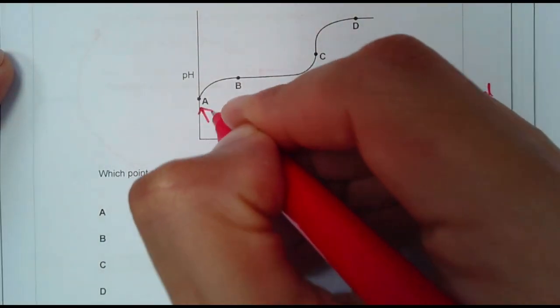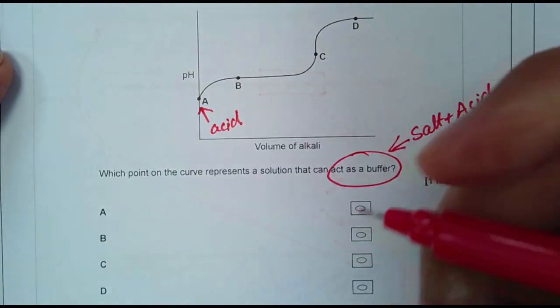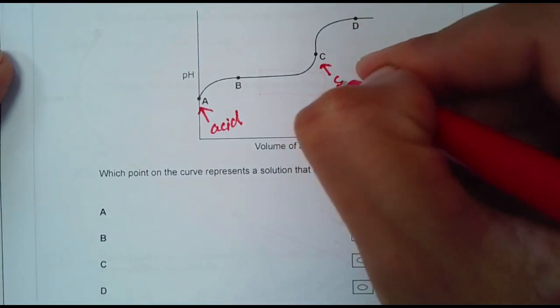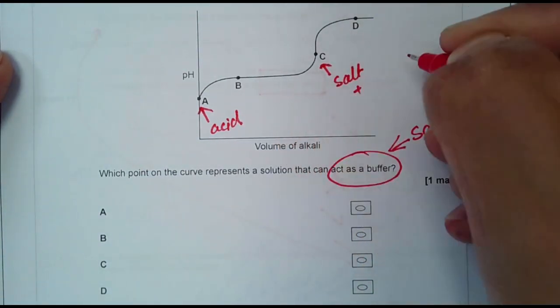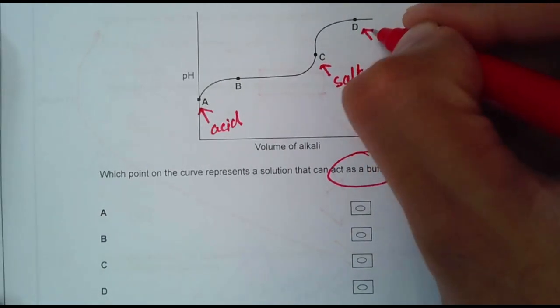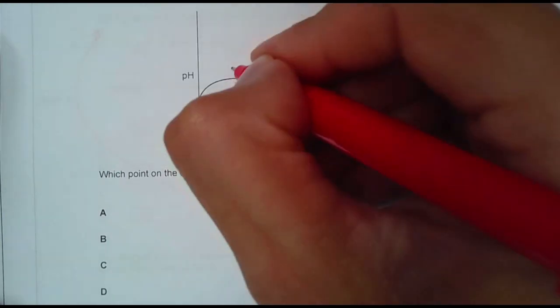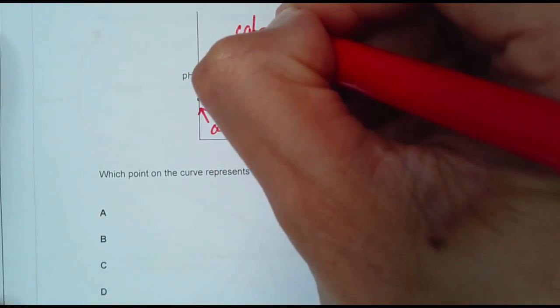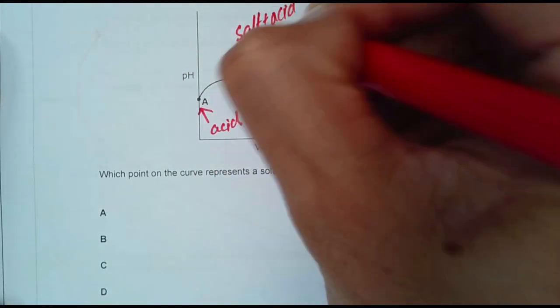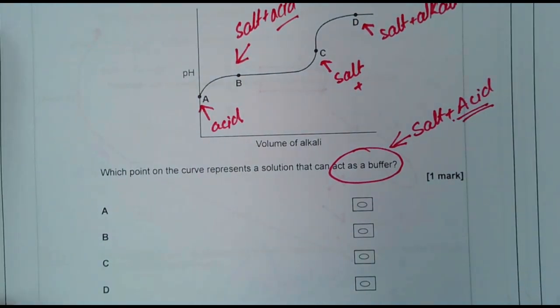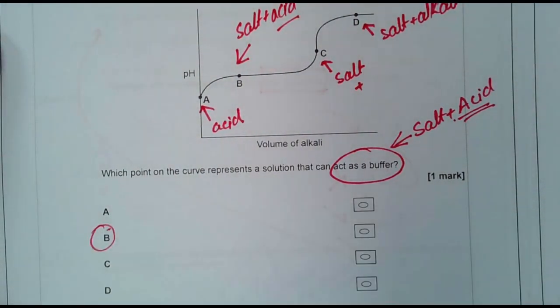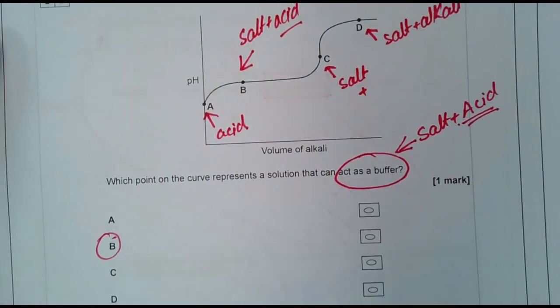So here it is acid. Here it will be salt plus nothing. Here I'll have salt plus alkali. Here it will be salt plus acid. So the answer will be B. That's the only possible option.